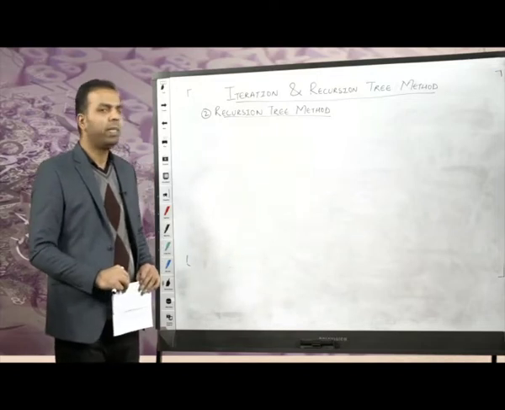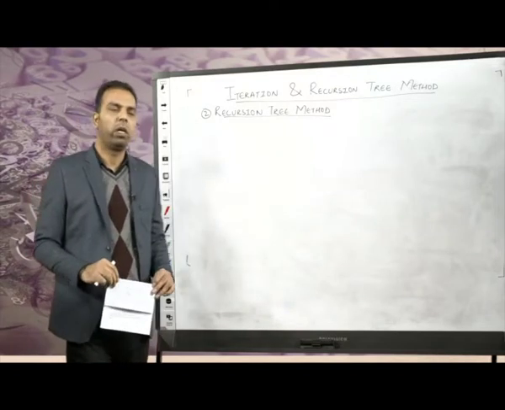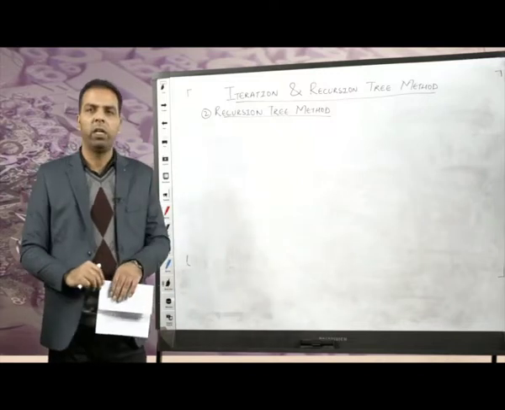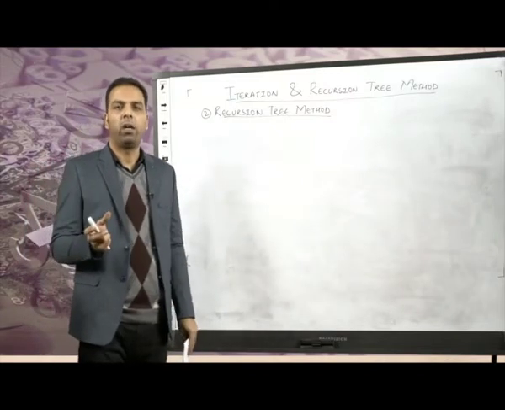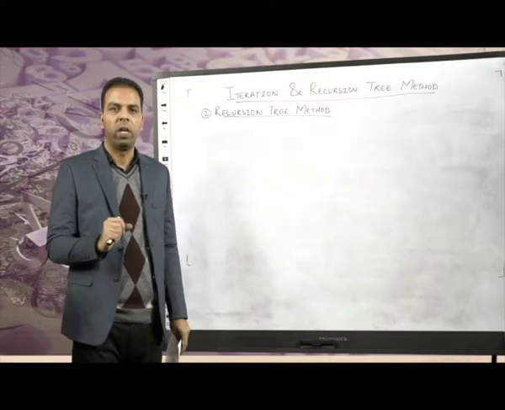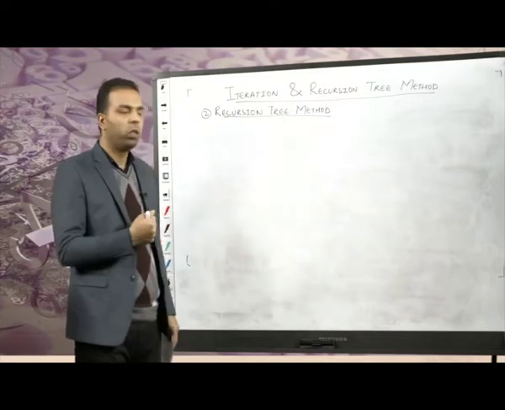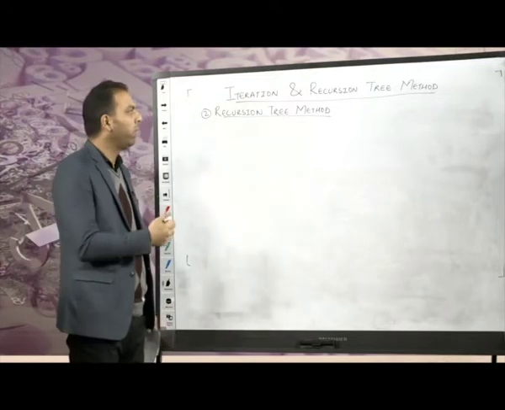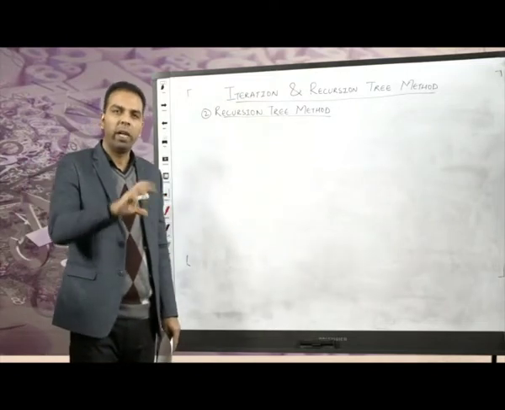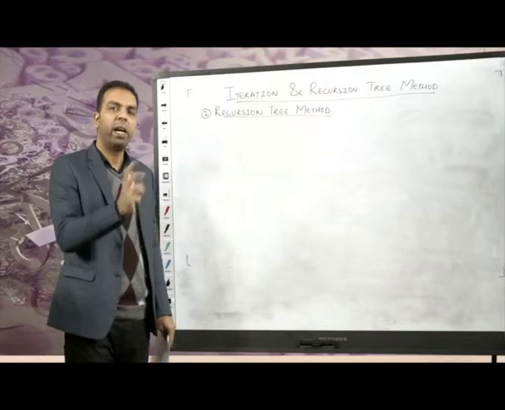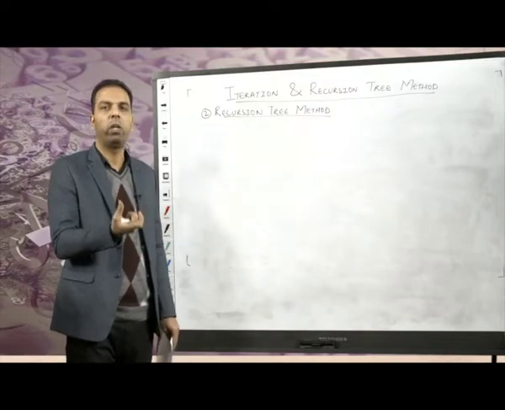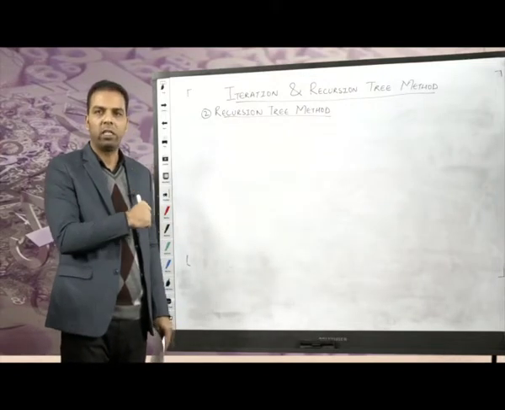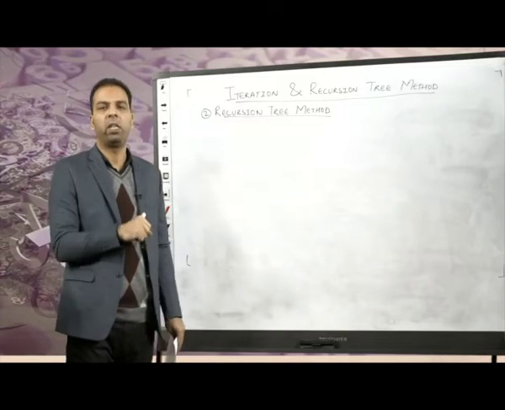Now, some people use the recursion tree method just to get an idea or an estimation of the time complexity. Like we saw in the substitution method, where you need to guess the time complexity. What some people do is use this recursion tree method quickly to get an idea. They don't get an exact answer, but they get an idea. And that value they use as a guess in the substitution method, and there they prove whether it is right or wrong.